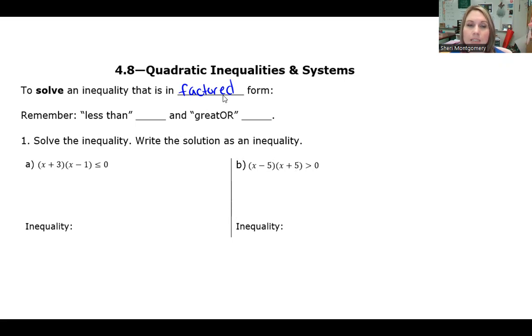To solve an inequality that is in factored form, we will set factors equal to 0, I guess we should put and solve. We're going to make a number line. And then we'll get our answer.